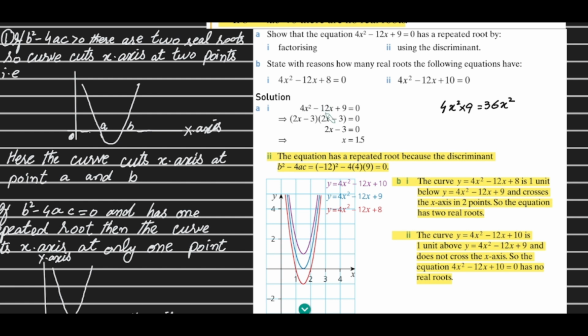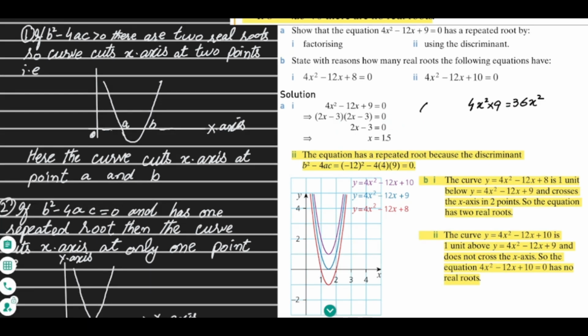Then we will find middle terms whose sum should be minus 12x and whose product should be equal to 4x square multiplied by 9, equal to 36x square. The two pairs will be 6x and 6x. If we take both negative, because the middle term is minus 12x, when we add them we get minus 12x.